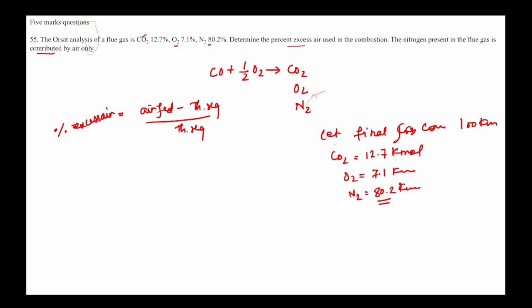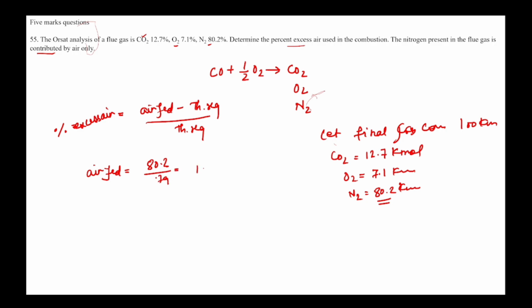The same quantity will be present in the feed as well, because it is a tie component. It will not react with any other component. So air fed I can find out as 80.2 divided by 0.79.